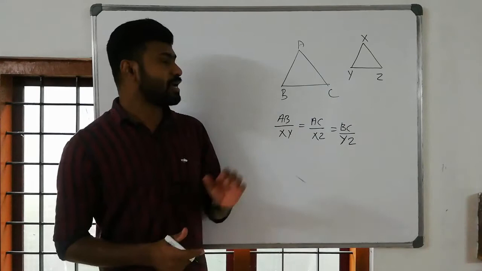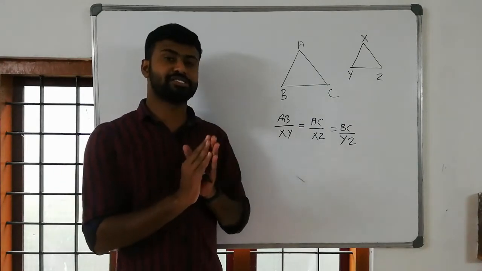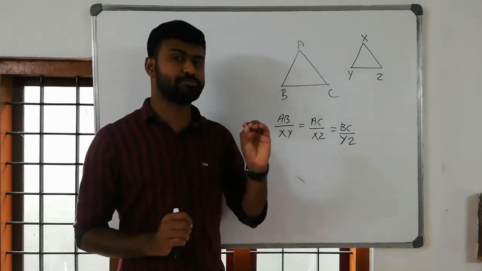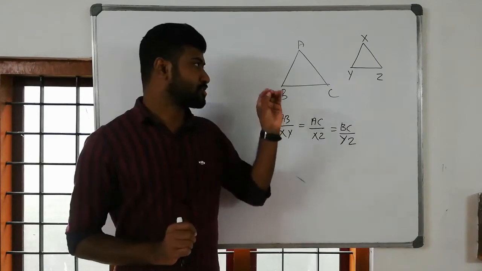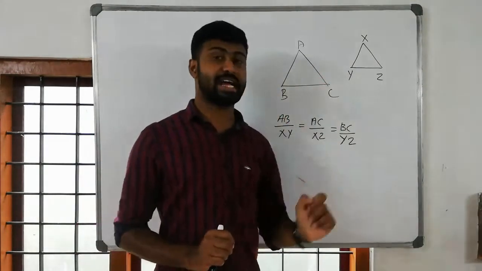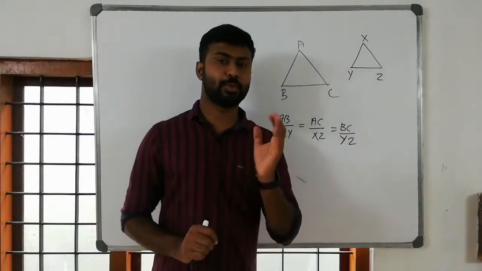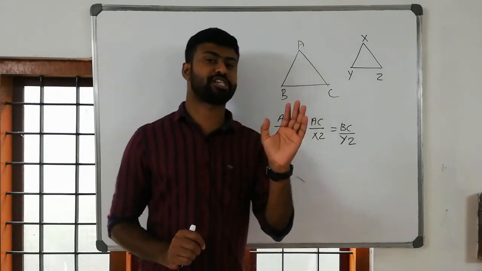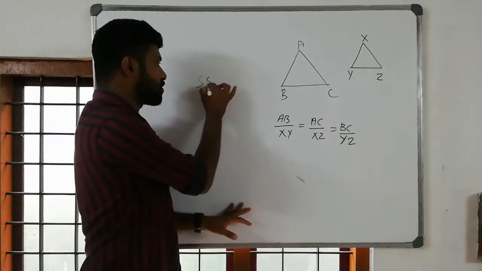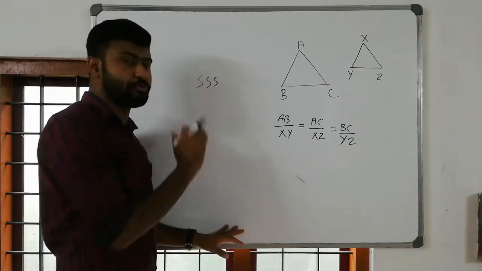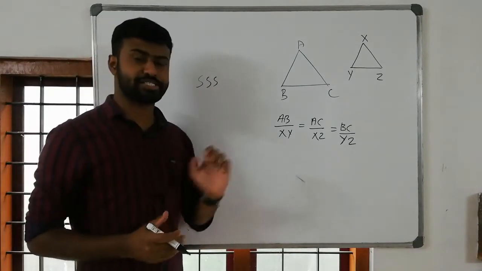That is, the three corresponding sides are in proportion. So triangle ABC and triangle XYZ are similar. Here we take three sides of this triangle. So this property is known as the side postulate or SSS postulate.